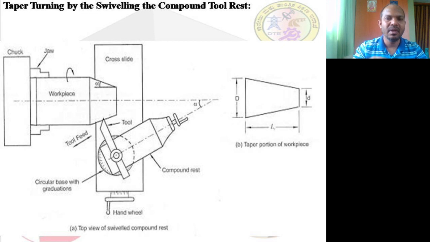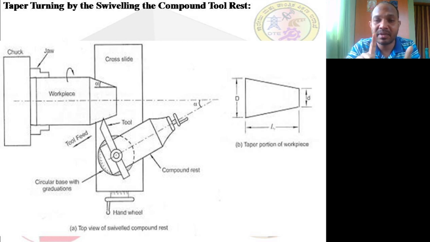Now, what happens when we are making the taper? We should always keep only three things in mind. Alpha is the angle of swiveling the compound rest, which is different. Three things that we have to notice: what is the maximum diameter, the larger diameter in the tapered section.